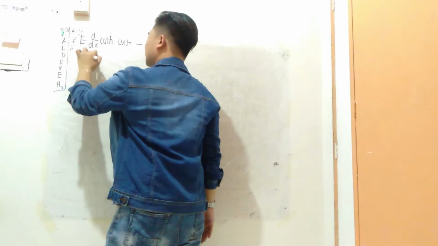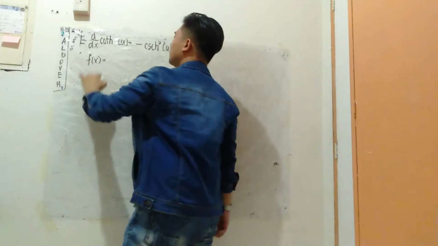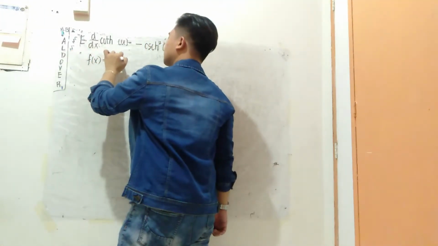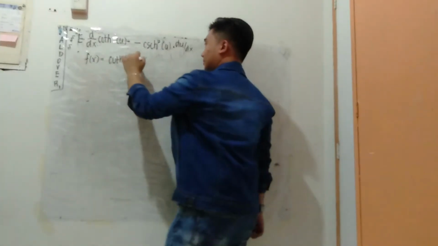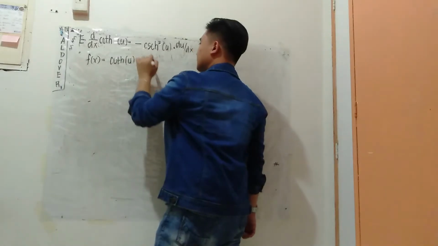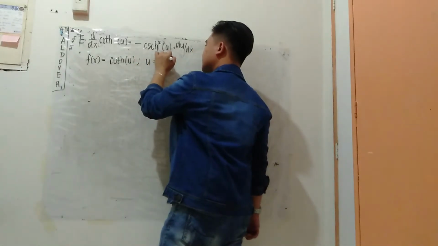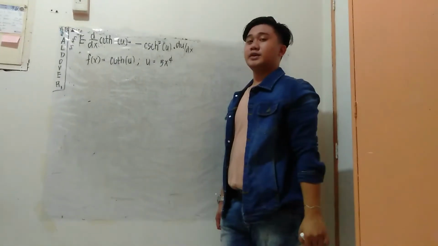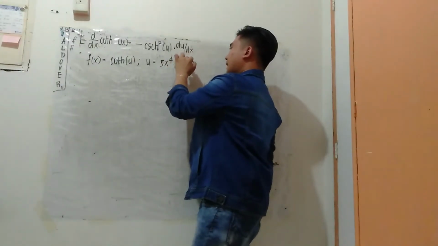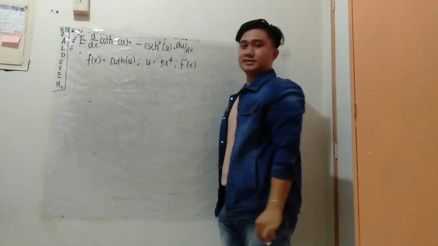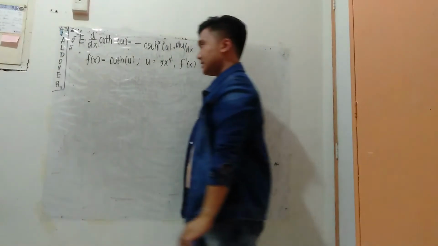What if f of x is equals to hyperbolic cotangent of u given that u is equals to 5x raised to 4. Find f prime of x. Diba? Ang dali lang.